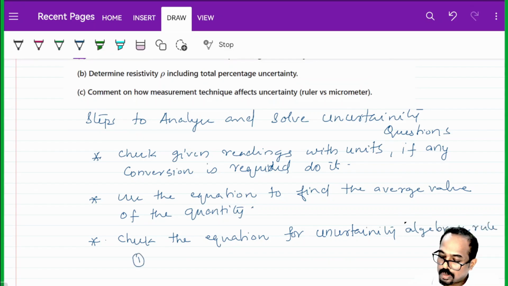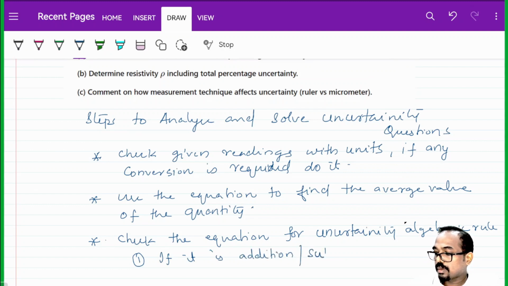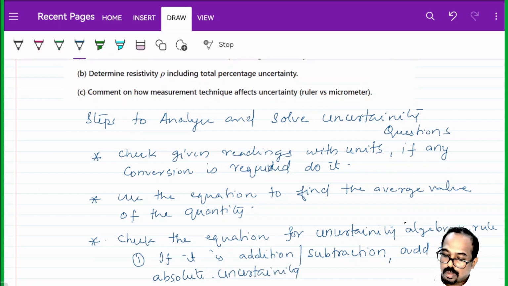If it is addition or subtraction, what you will do? You will add the absolute uncertainty. Remember this one, you need to add. If addition or subtraction, you need to add the absolute uncertainty.